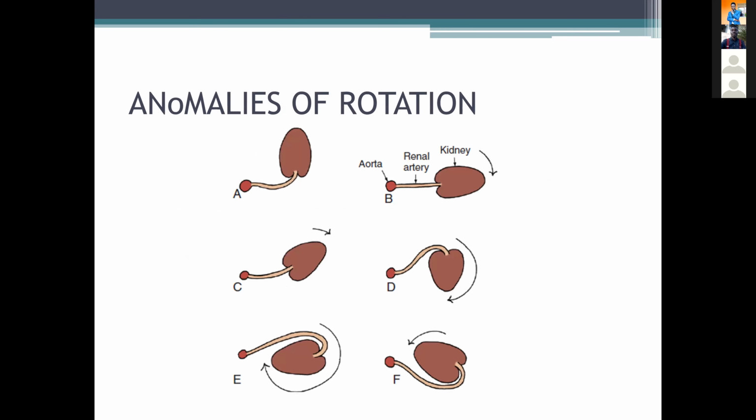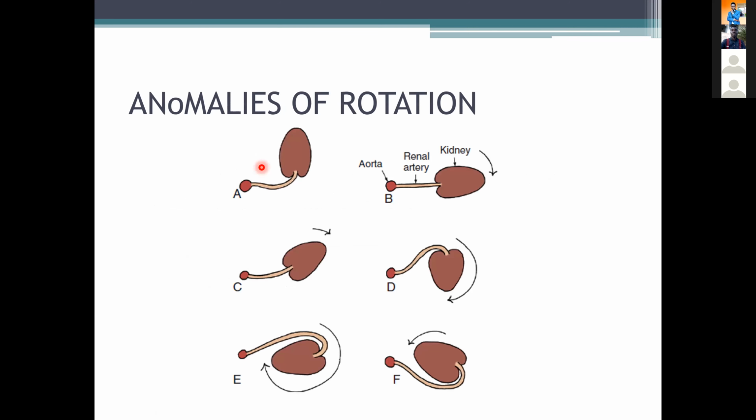So when you look at this diagram, let me just keep this point, just to make life easy. So initially, this is how the kidney is.